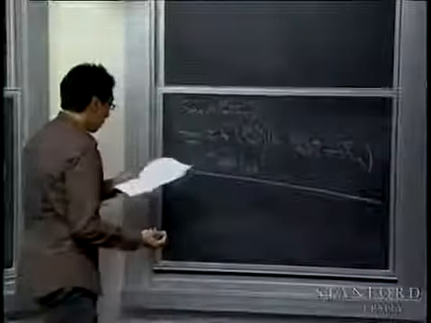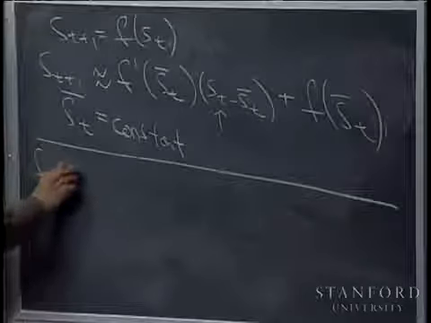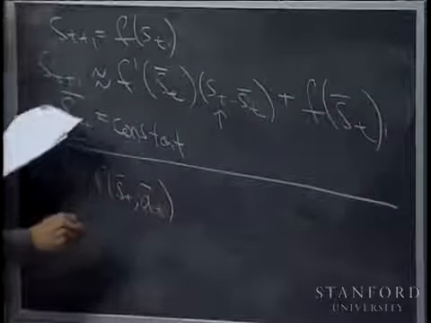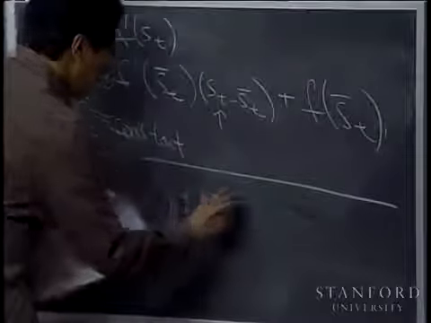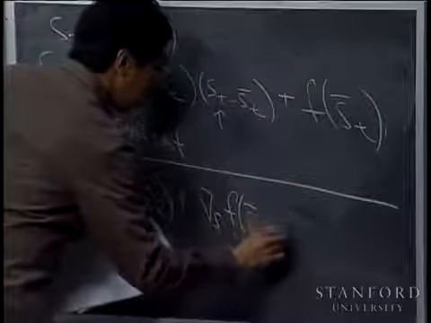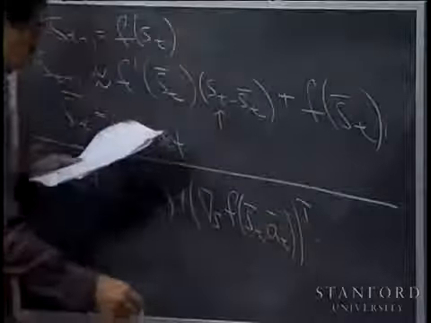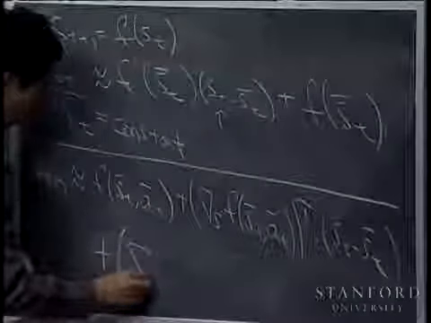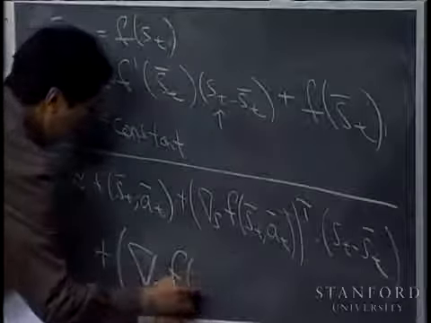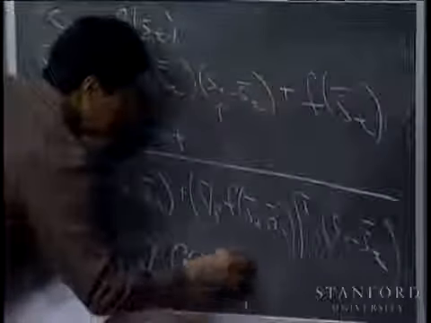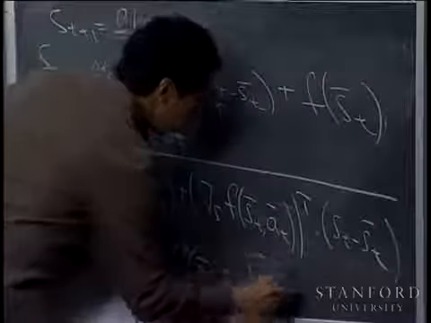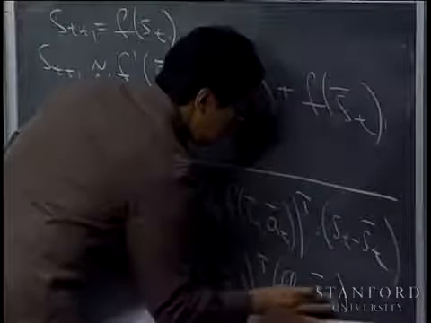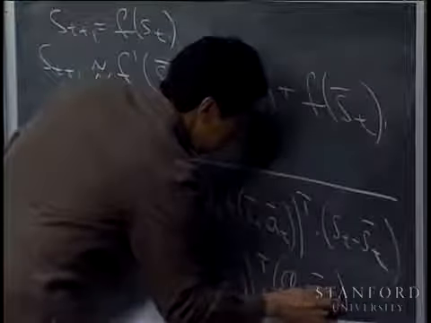The general formula for the linearization approximation is that s t plus 1 will approximate as f of s bar t, a bar t, plus the derivative terms with respect to s and a, evaluated at s bar t, a bar t.